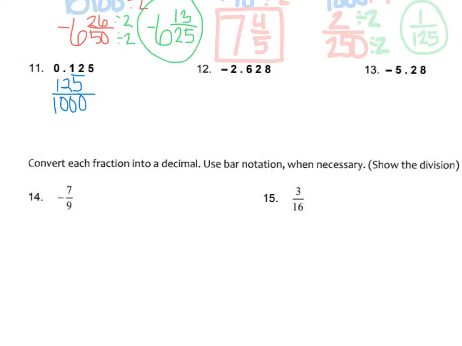What can I simplify by? I know I could divide by 25. So 125 divided by 25 is 5. And then 1,000 divided by 25 is 40.